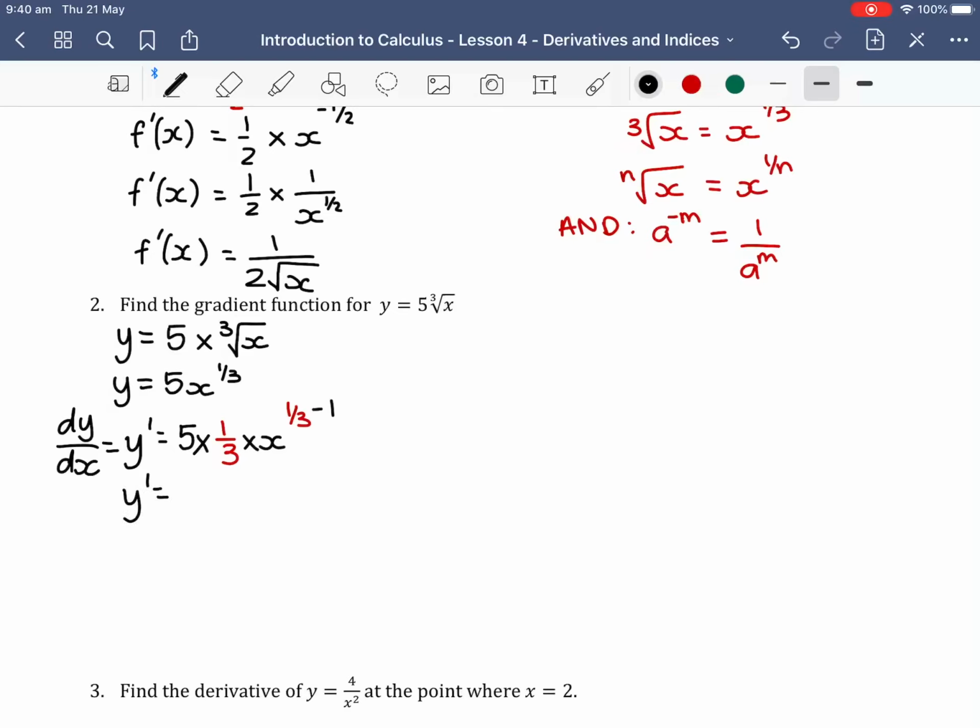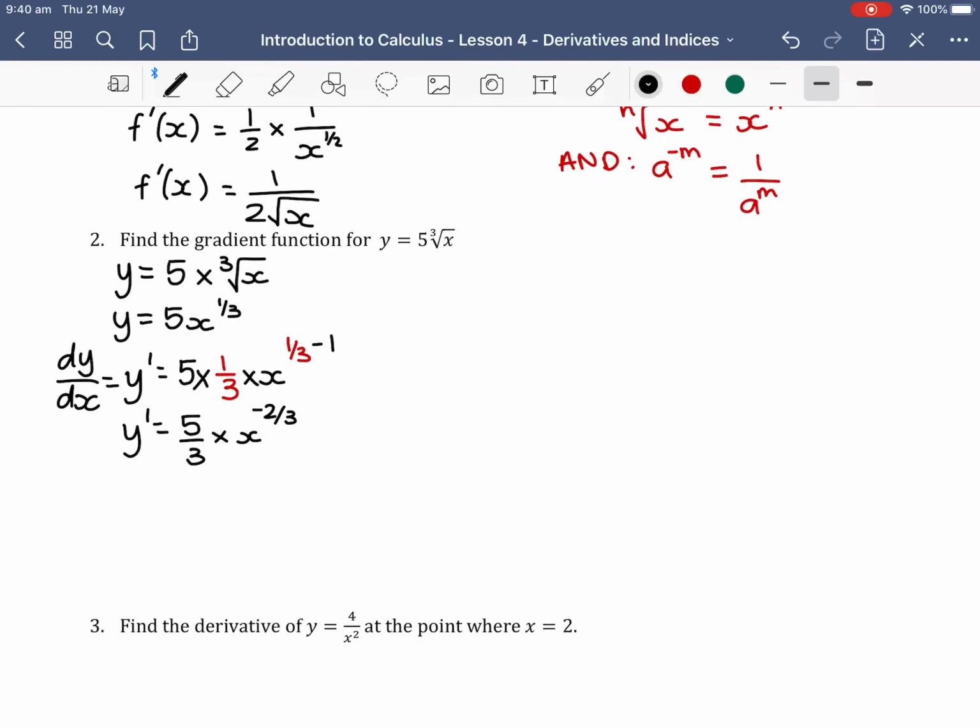So y dash equals 5 times a third, which is 5 over 3, times x to the power of negative 2 over 3. Then y dash equals 5 over 3 times 1 over x to the power of 2 over 3.